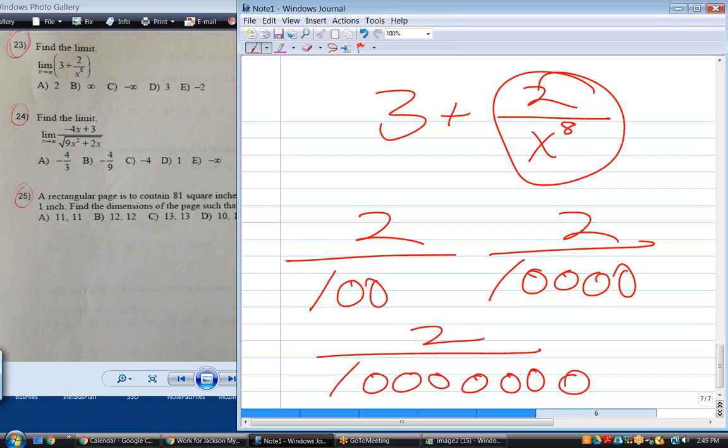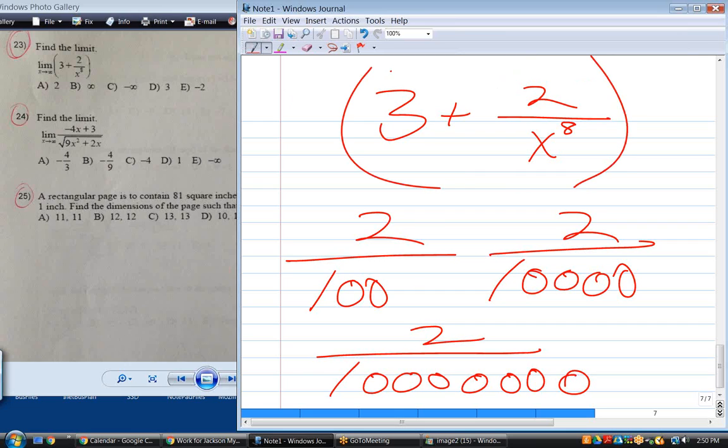If your denominator blows up and your numerator is a constant, you're always headed to 0. There's no other place to head. Your numerator's not changing. Your denominator keeps getting bigger. So if this is headed to 0, where's the whole thing headed?